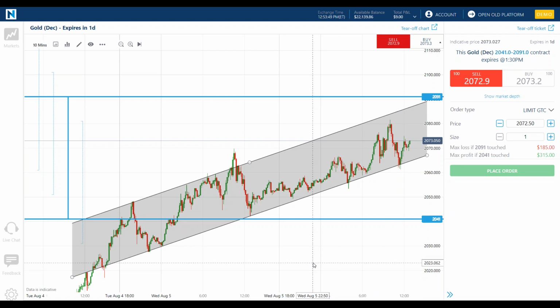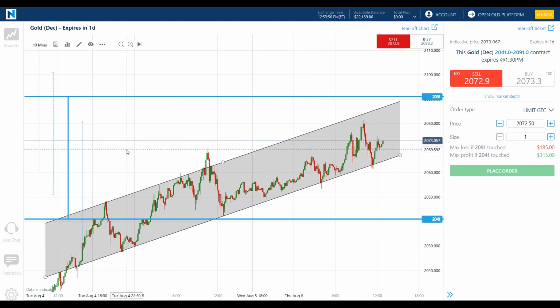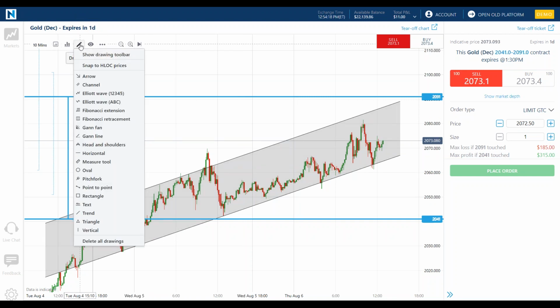And I get a nice little shaded area where I've got a trend that is going up, and that trend could continue. Again, no buy sell recommendation, but if that trend were to continue in this channel that you could see I sort of fit onto this particular graph, it might give you ideas on where you would potentially want to buy, where you think you might see some support, and where you might want to sell, where you would see some resistance. So we have these tools available for you to put on your chart.